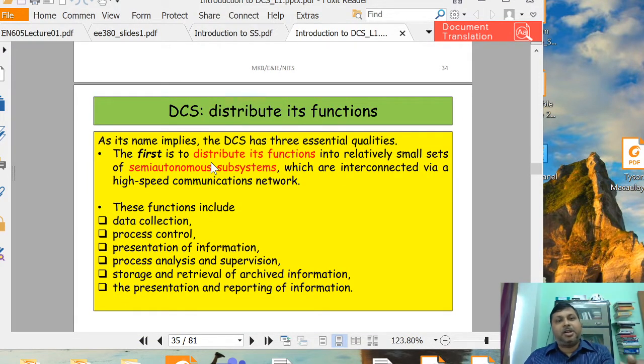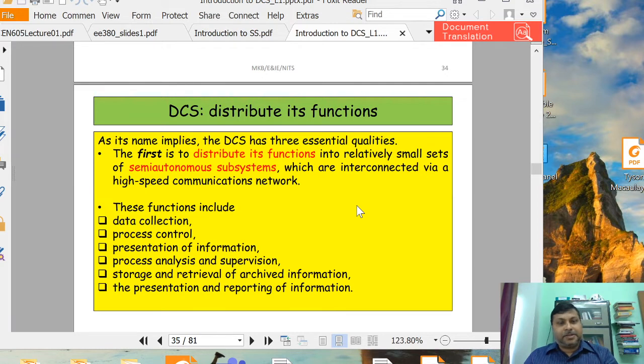Now we want to understand the meaning of distributed control system. You see there are three distinctive terms: distributed control system. So we want to understand what we mean by distributed. As its name implies, the DCS has three essential qualities. The first is that it distributes its functions into a relatively small set of semi-autonomous subsystems which are interconnected via a high-speed communication network.